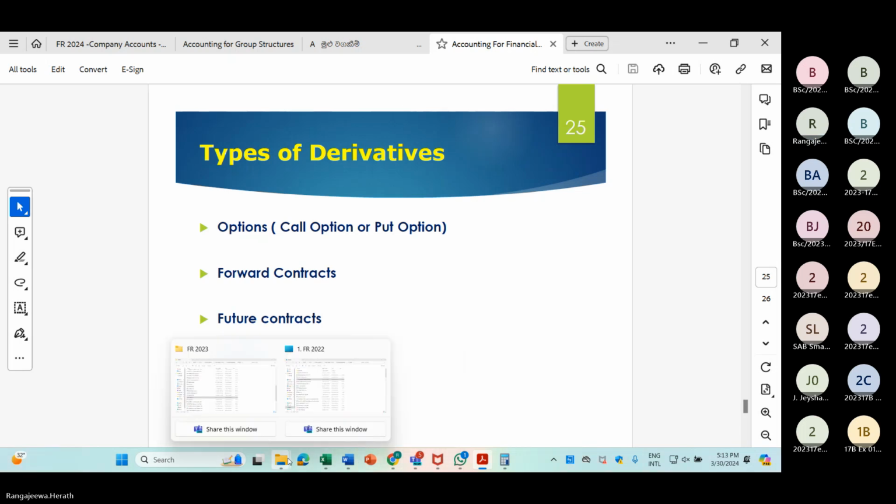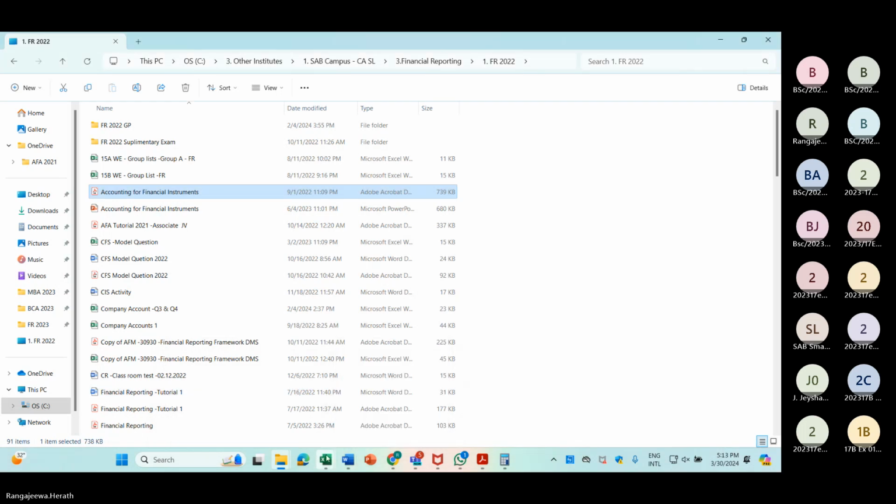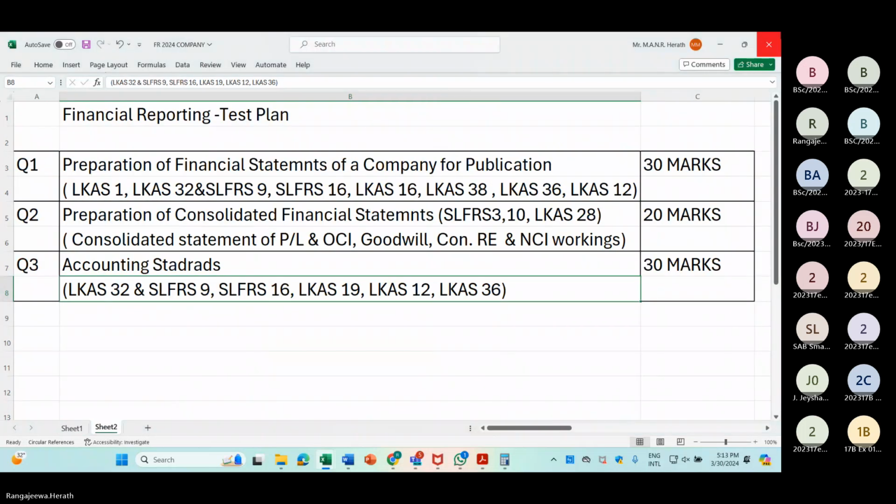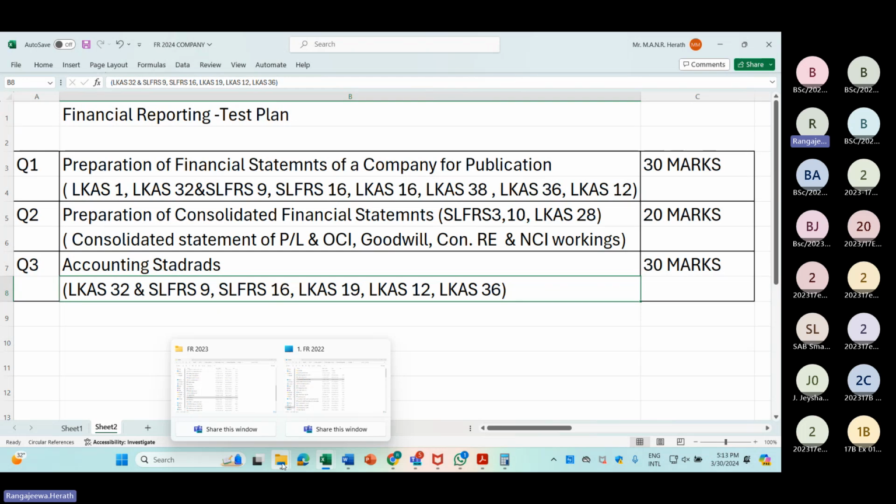Then SLFRS 16 leases. So basically, in the lease, the finance lease from the lessee's perspective is the one that we discuss in the company accounts, right? Usually, the finance lease from the lessee's point of view; whether it's a finance lease or operating lease doesn't matter.